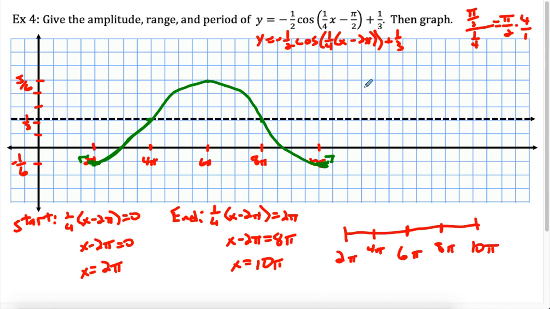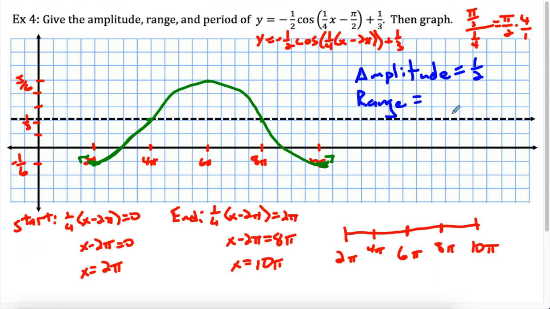Now, I forgot to do this on the last one. We'll go back and fill that in here, but we need to give the amplitude, range, and period. So my amplitude, the distance from the midline to the min and the max, is 1/2.